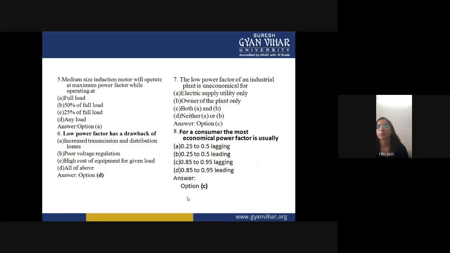Now, next question: for a consumer, the most economical power factor is usually 0.25 to 0.5 lagging, 0.25 to 0.5 leading, 0.85 to 0.95 lagging, or 0.85 to 0.95 leading. So C is the right answer.